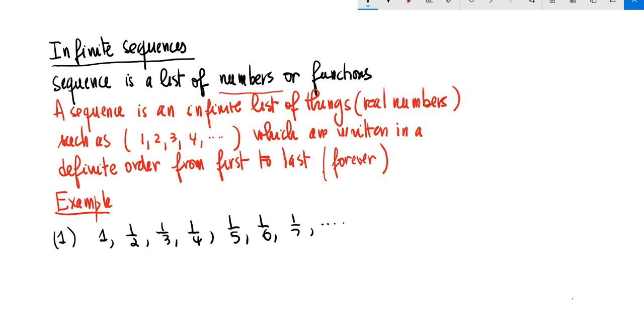Right, this is an example of a sequence of real numbers, and the three dots here are ellipses, and this means that the list goes on forever.